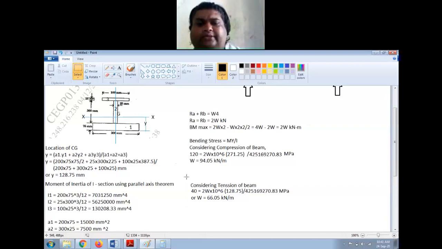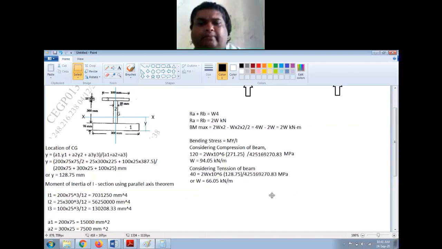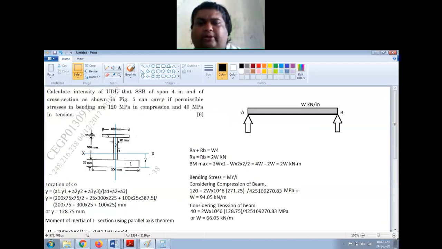Which one should I select as the maximum load for the beam? I cannot have two loads for W, right? This cannot be two values. It has to be one value only. Of this, which one to choose? That is the question. Is the question clear? No idea?